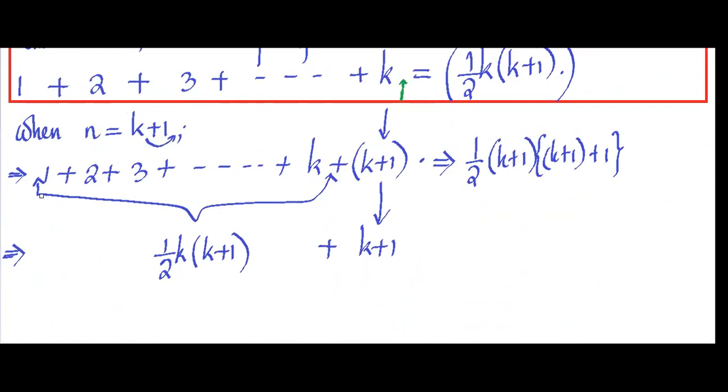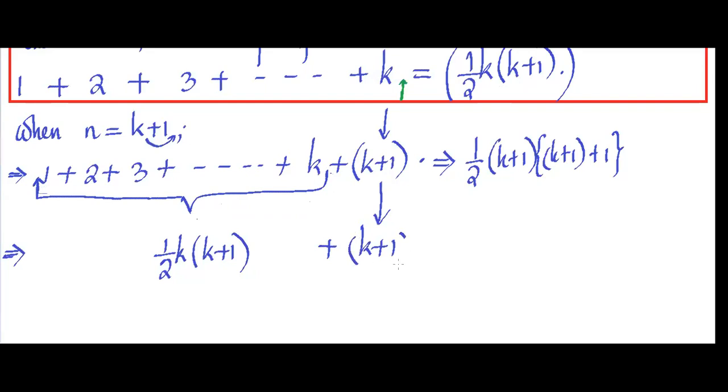But on this side, I'm reminding you that the summation of the terms from 1 up to k, we already know its sum. We already deduced it in the assumption stage.